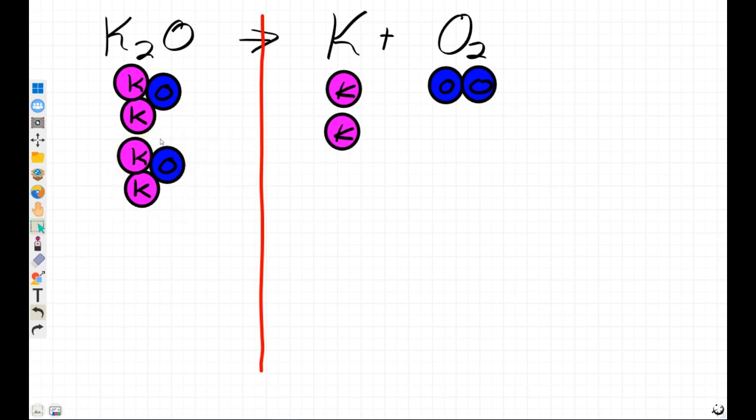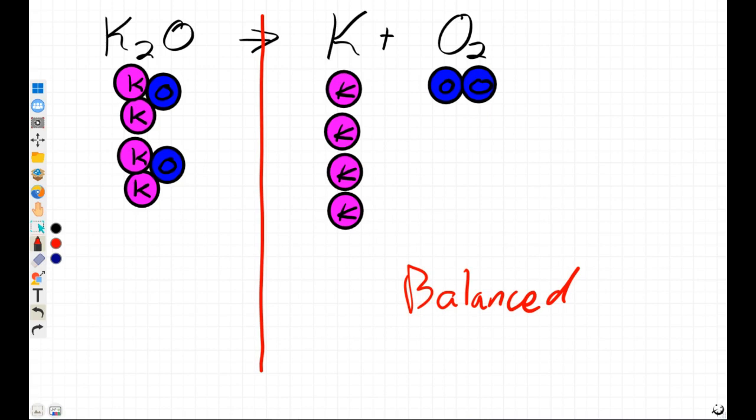This now creates a problem with the potassiums, though, the Ks, because I had them balanced before with 2 and 2, but creating the extra oxygen dragged along an extra 2 Ks, so I'm going to have to create some more Ks over here to balance that out and bring it up to 4 Ks overall here. So now I've got 4 Ks here, 4 Ks here, 2 oxygens here, and 2 oxygens there. This formula is now balanced.